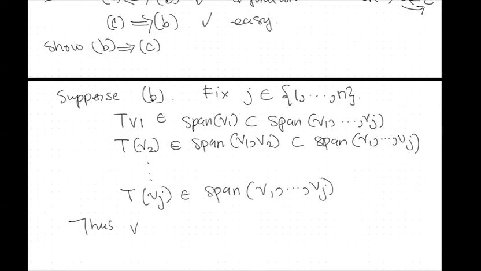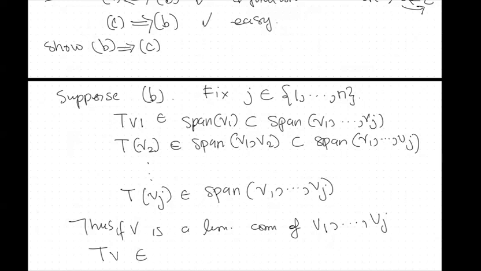Thus, take v a linear combination of V1 up to V sub j. Why? If v is a linear combination of V1 up to V sub j, then of course the operator T applied to v will be inside the span of V1 to V sub j.